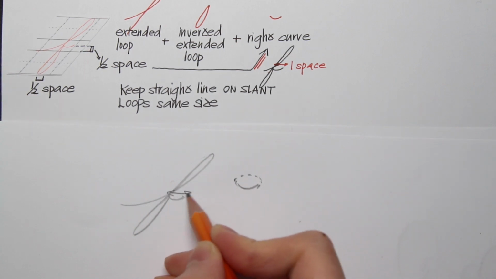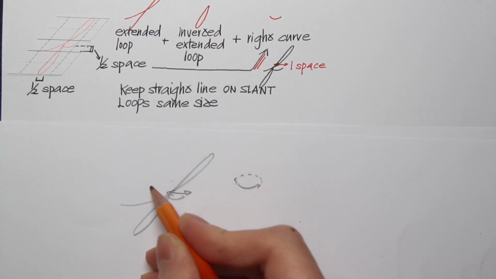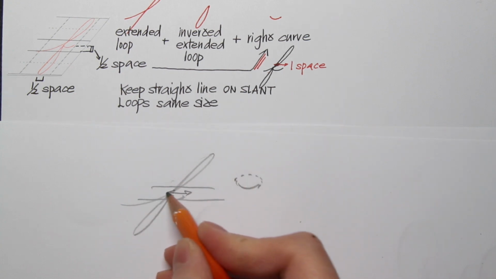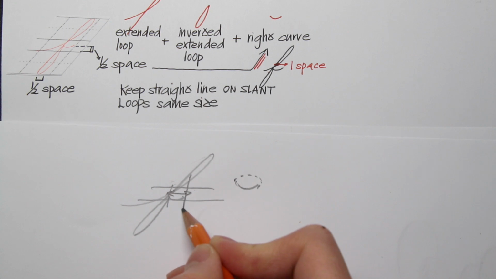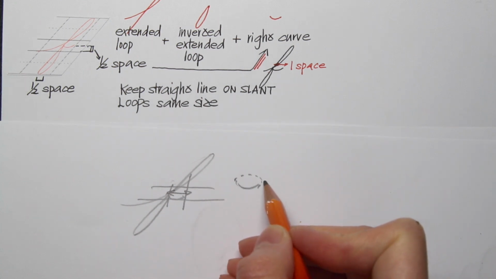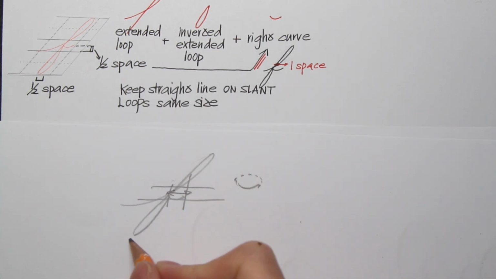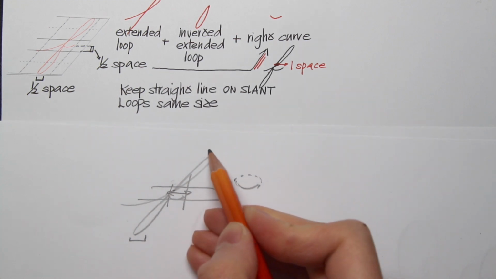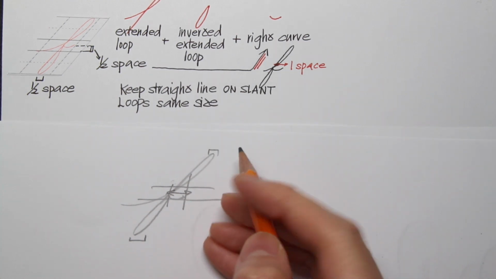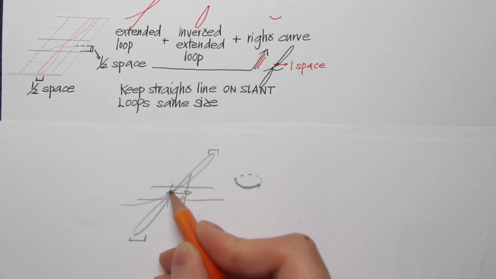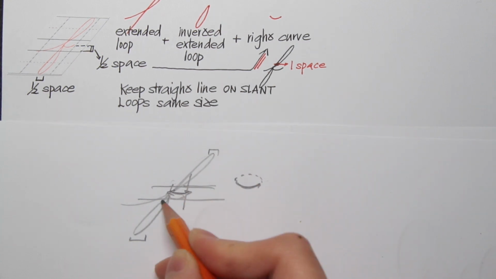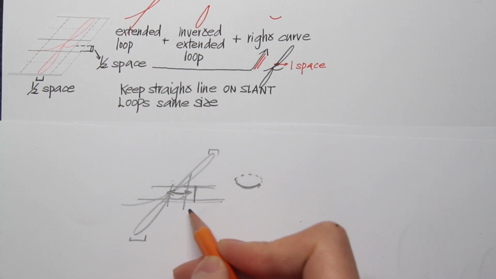And this distance is 1 space. So it's the distance of your X height from your straight line to the end of your right curve. Your extended loops are half a space. And when you do this right curve, it should come right in the middle of your first line.